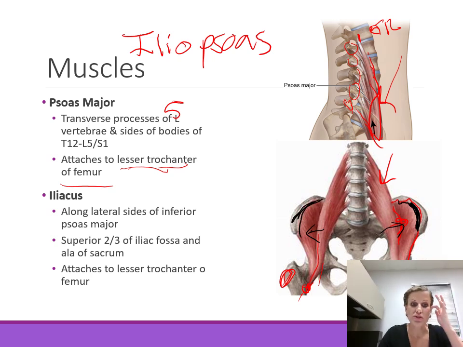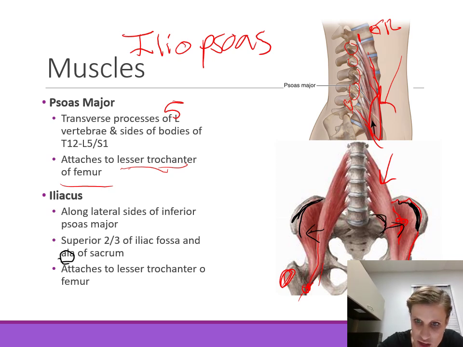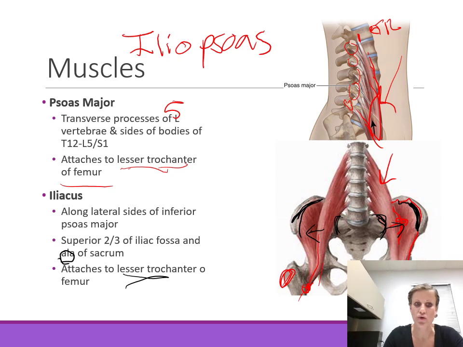And then also to the ala of the sacrum. Those are, you can't see it in this picture, but they're like the big wings of the sacrum. It extends down inferiorly and joins the psoas major and also attaches to the lesser trochanter of the femur.